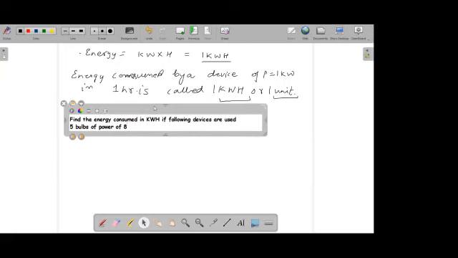You have 5 bulbs of power 8 watt run for 6 hours a day.